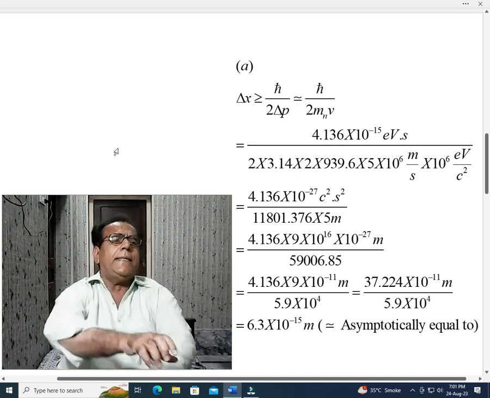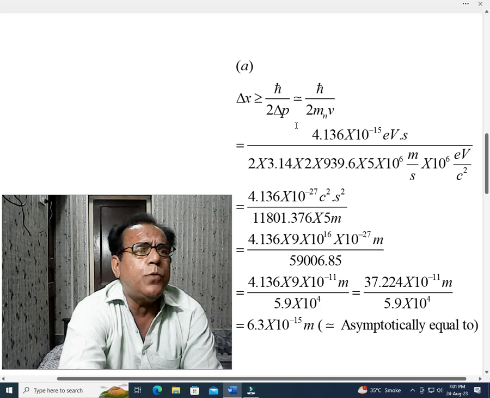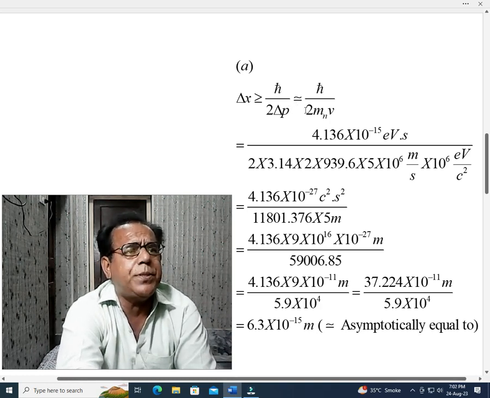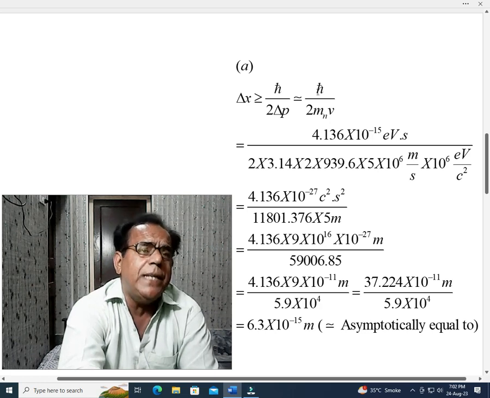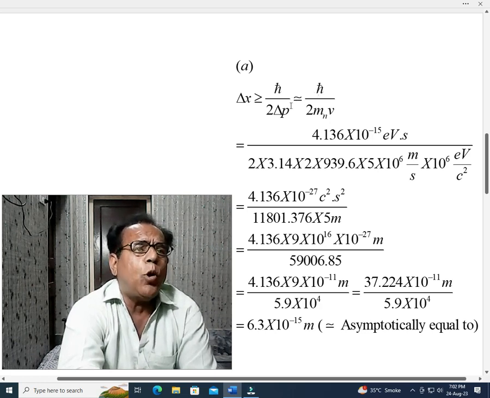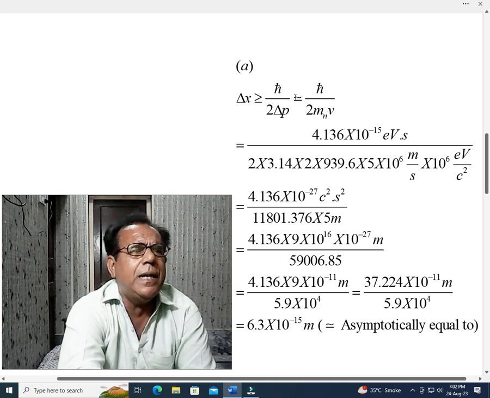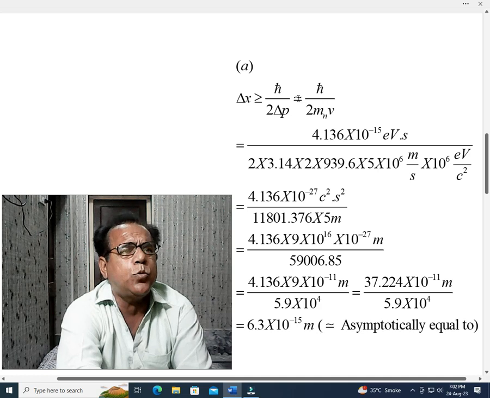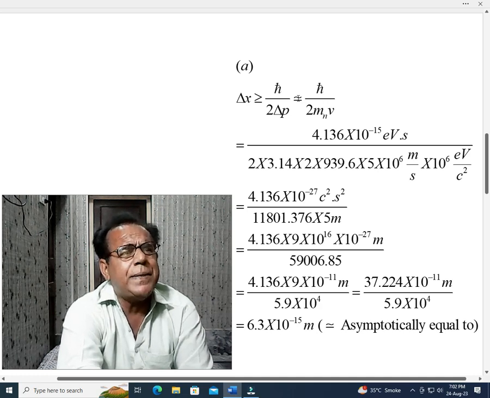Dear students, this symbol is a combination of two symbols: one is equality and the other is approximation, or approximately equal to. Approximately equal to is denoted by the double tilde sign, and equality is given by two dashes. So this is a combination of those two, and sometimes it is also called asymptotically equal to.